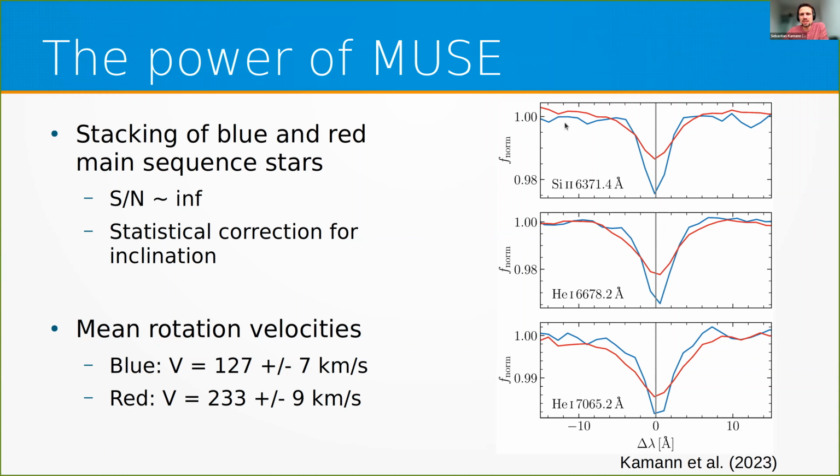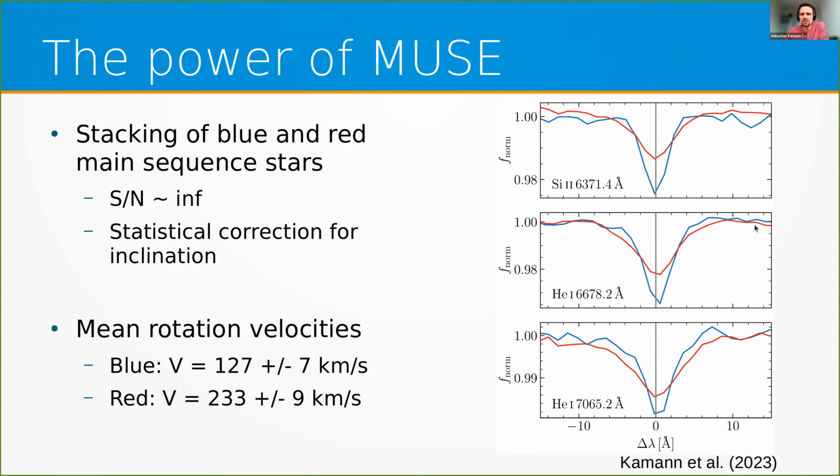And if we do this stacking exercise as here, then you see that we finally are also able to not only observe the strong hydrogen line, but also get to some very faint helium and, for example, silicon lines. And you see here that for the red main sequence stars, these lines are significantly broader than for the blue main sequence stars.